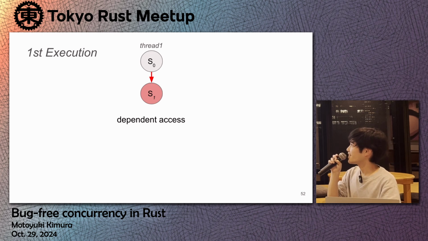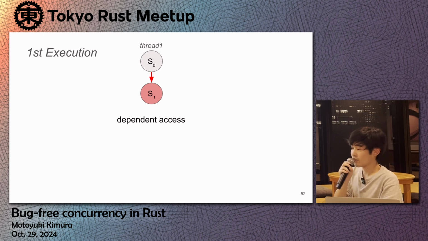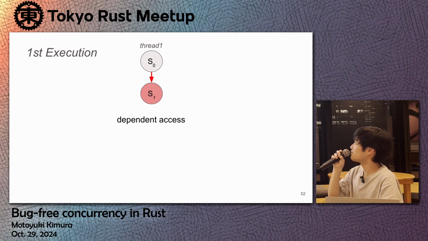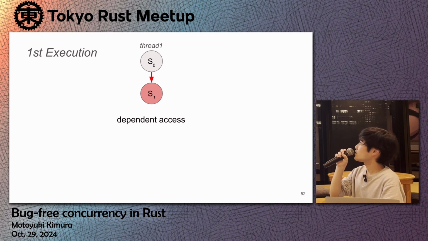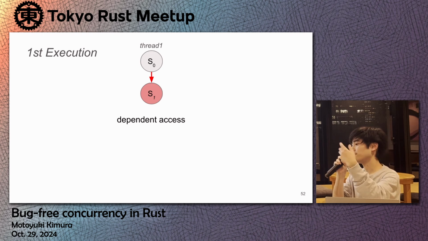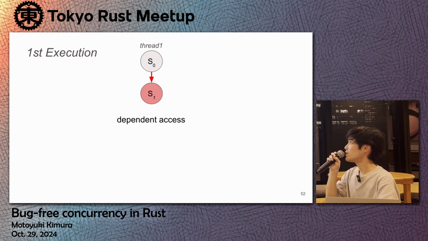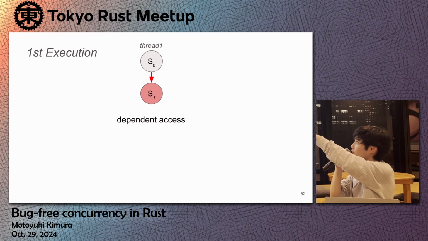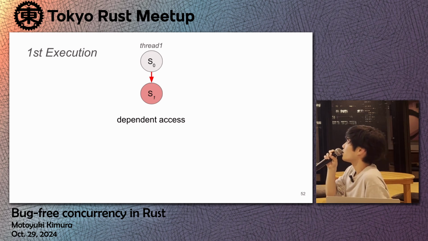Just hearing the explanation would be, I think, a bit complicated. So let's look at this explanation again, and let's see what's going on in DPOR. So DPOR tries to run the program multiple times. So let's say we execute the first execution, and now we are on thread 1, and we also have an initial set S0.